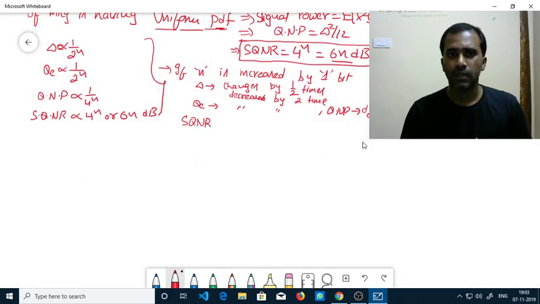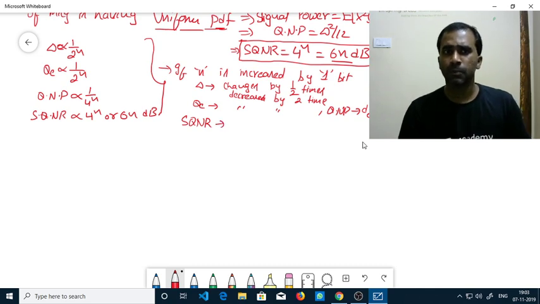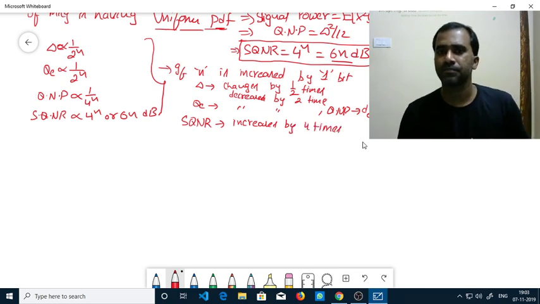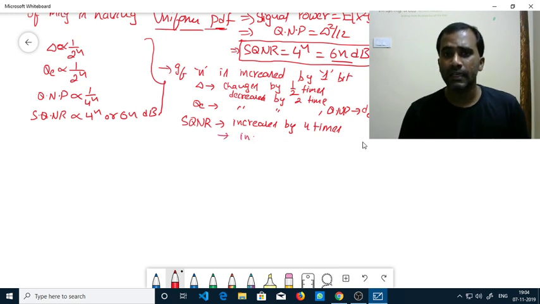So SQNR, since it is proportional to 4 power n, when n increases by 1 bit, SQNR increases by 4 times. SQNR increases by 4 times, or they can also say changes by 4 times. Or the other way of saying it is, in dB scale, if they give you the answer, SQNR increases by 6 dB.